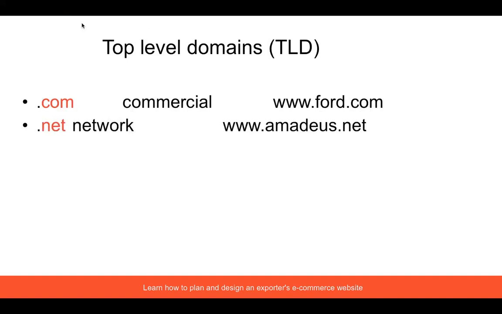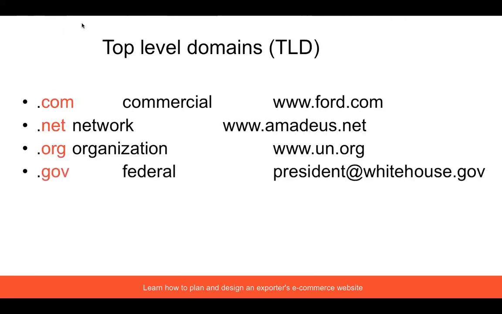Network is also for people who sell, because normally they wanted .com, but somebody else had it. Or organization, for example, United Nations, for people who don't sell. Any company, any person in any place of the world may buy .com, .net, .org, even though you have no relation with the US. There are already American domains we cannot buy, such as .gov.